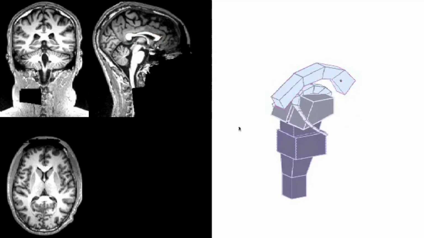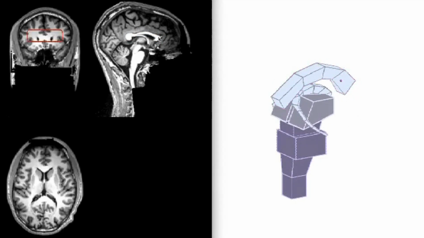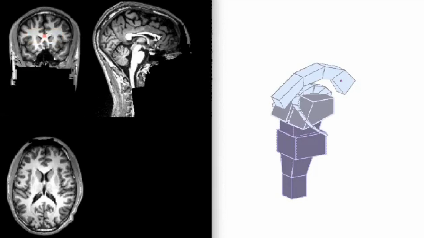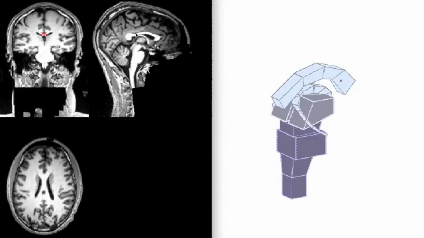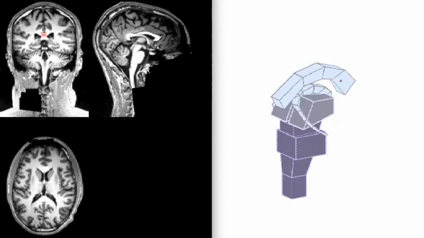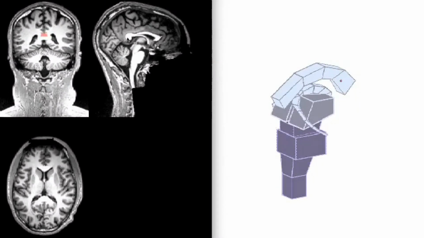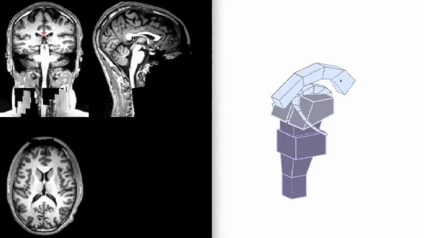If we observe its path in the coronal plane, it blends into the white matter either side of it, which is appropriate because it's one of the main pathways in the brain for neurons that are crossing over from one side of the brain to the other.